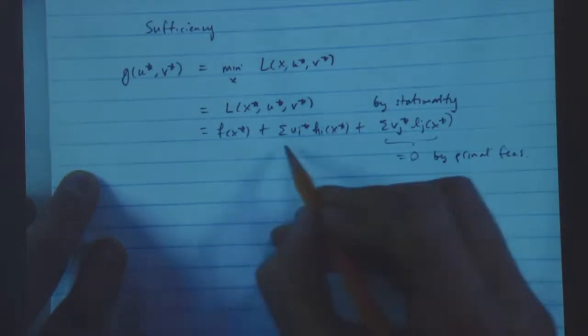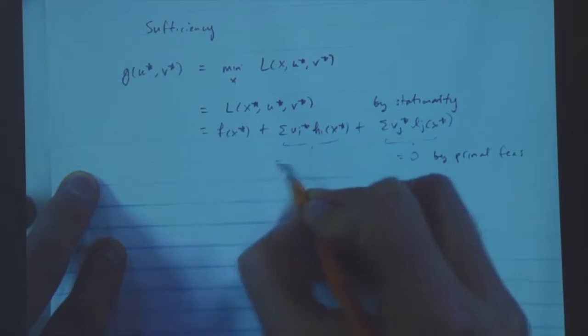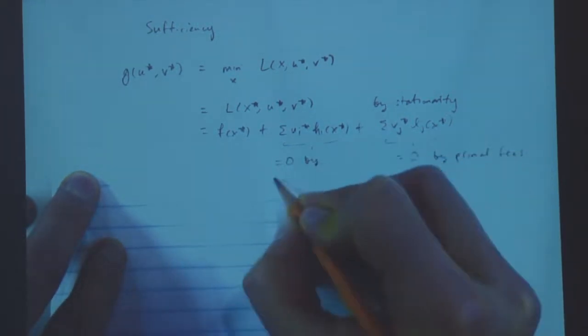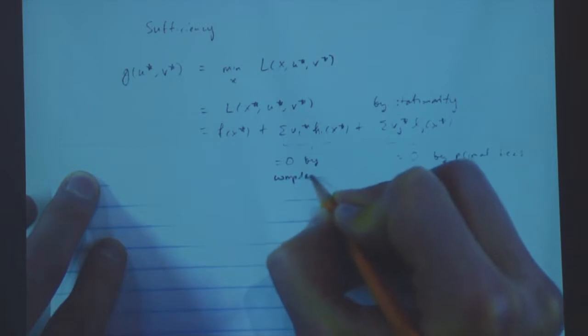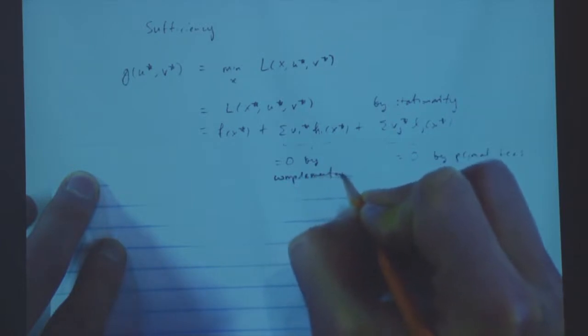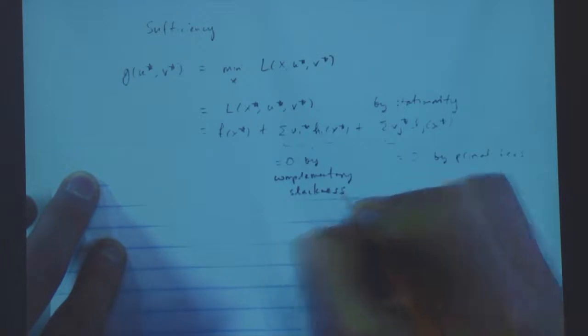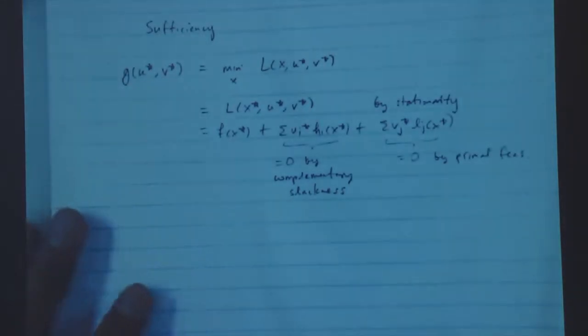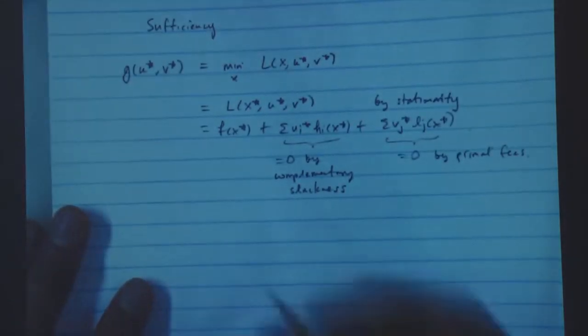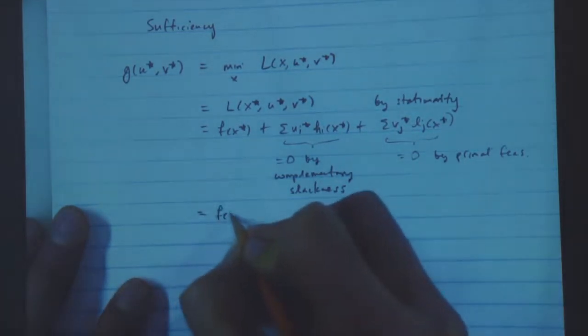And this one is equal to 0 by complementary slackness, because each term is equal to 0 by complementary slackness. So what do we get? This is just equal to f of x star.